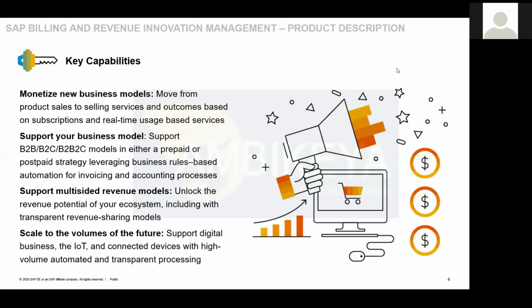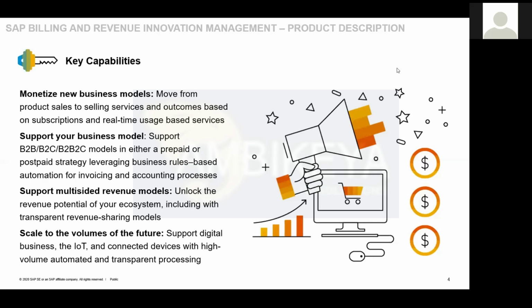With BRIM, we are able to handle very complex processes in the B2B markets. And we are also able to handle the very high volume with the B2C markets, where you have, for example, in telecommunications, more than 100 million subscribers, for example.